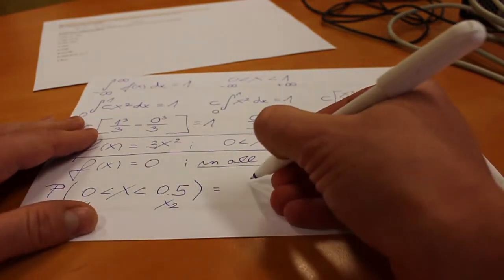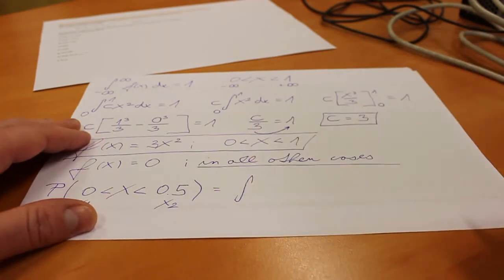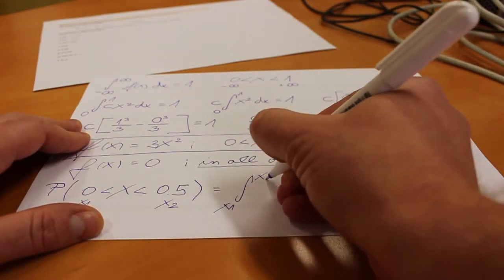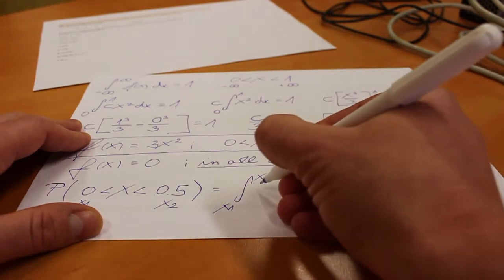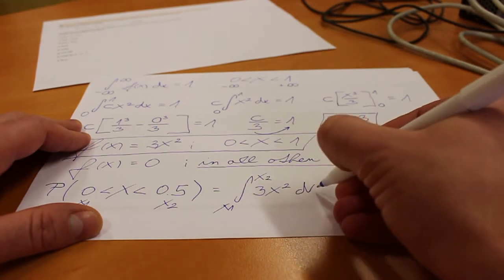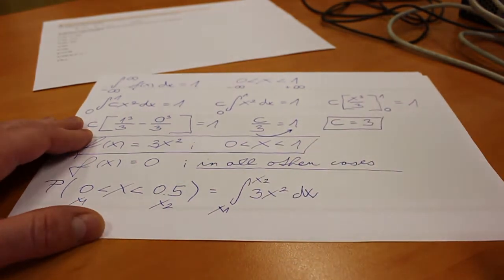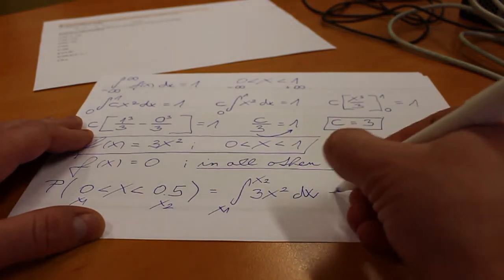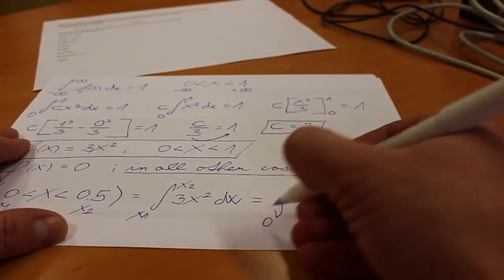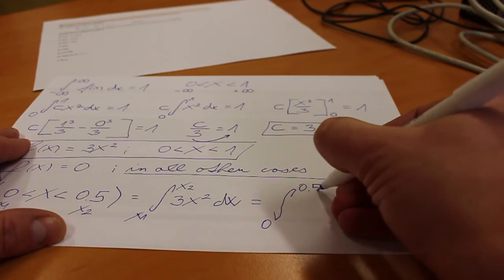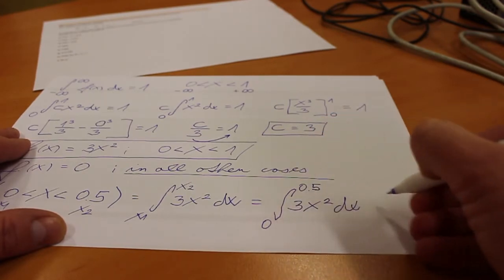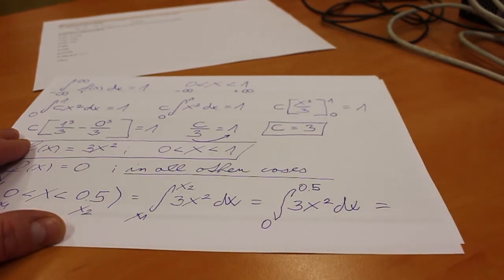In formulas you can find that this can be calculated as the integral from x1 to x2 of the density 3x squared, and the differential is dx. So we will solve this as the integral from 0 to 0.5 of 3x squared dx.